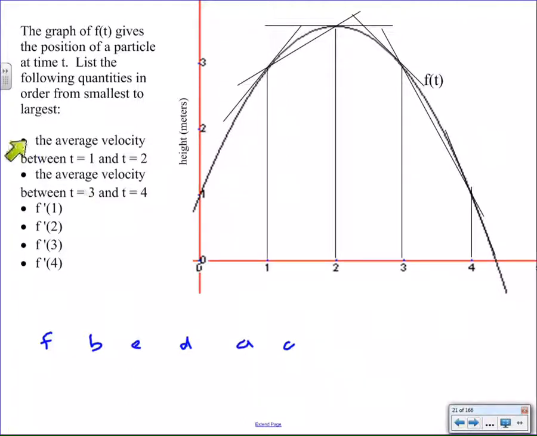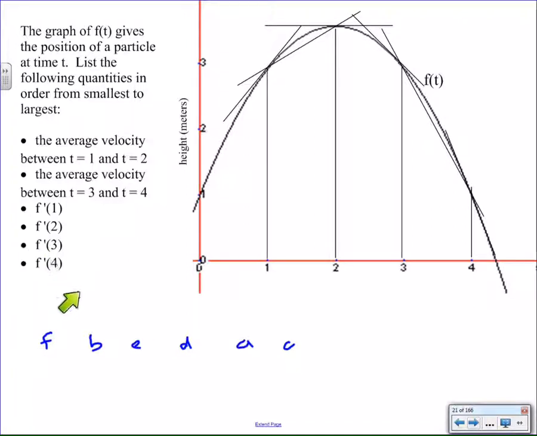For example, if these are A, B, C, D, E, and F, we can arrange these in order from the smallest number to the biggest number. f prime of 4 is the slope of the tangent line when x equals 4. That's the steepest part of this curve out of all the ones that are shown, and it's negative, so it's the most negative, which means it's the smallest number. Even though the arrow is moving fast, it's moving fast downhill, therefore the value representing f prime of 4 is the smallest number.